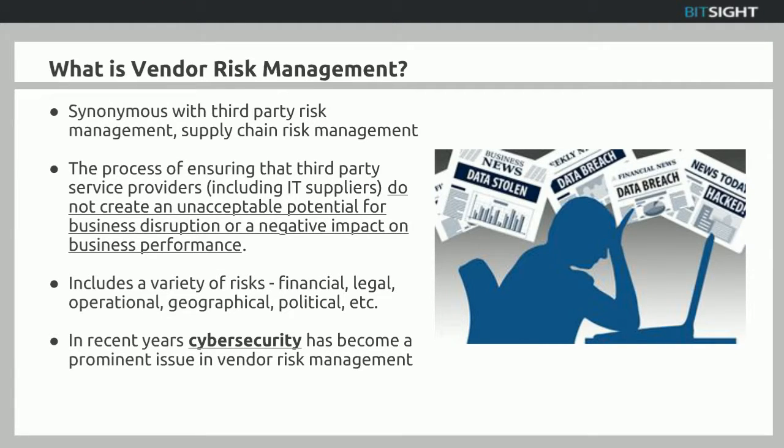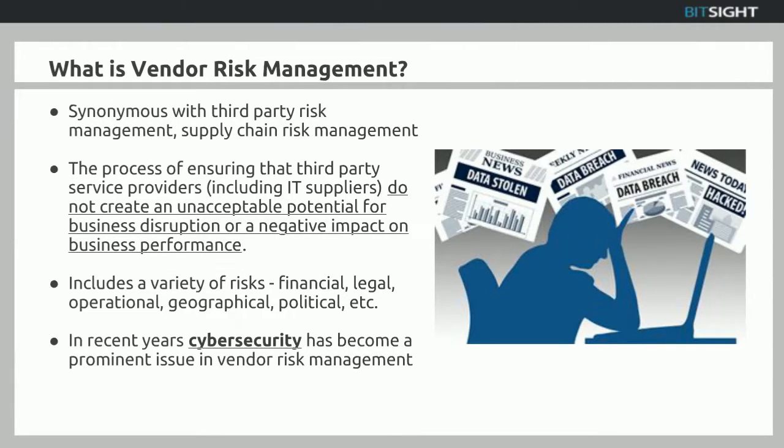So let's start with defining vendor risk management, and vendor risk will be defined as part of that. Vendor risk management is also known as third-party risk management or supply chain risk management. Depending on the industry, it has been in existence for a couple of decades. In other industries, it may be only a few years.